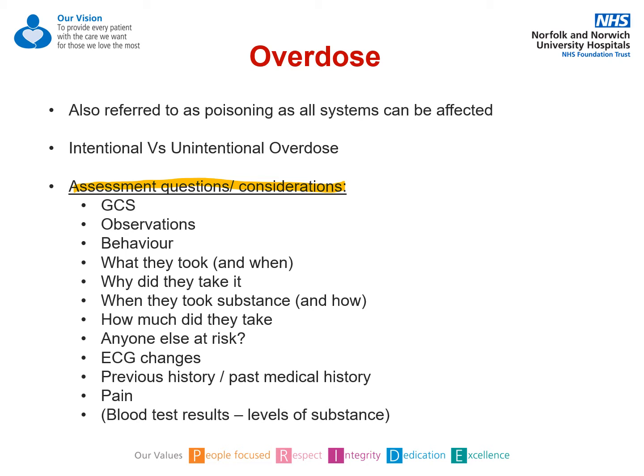The behaviour of the patient, so are they really agitated, quite aggressive, or are they really reserved, a bit drawn in? Are they wanting to engage with you, or do they not want to talk to you at all? Are they sleepy? Do they look sweaty? It gives you an indication about the effects whatever they've taken is having on them, and their mental state as well. And do they want help or do they not?